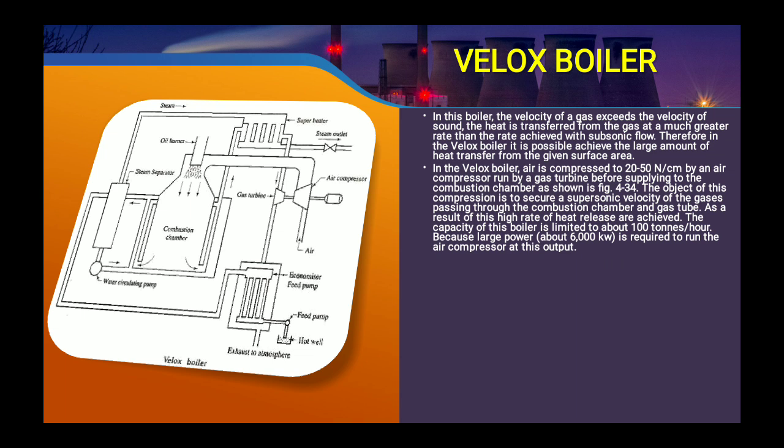As a result, a high rate of heat release is achieved. The capacity of this boiler is limited to about 100 tons per hour because a large power is required to run the air compressor, about 16,000 kilowatts. So auxiliary power is very much required in the case of the Velox boiler, that is 16,000 kilowatt to run the compressor.